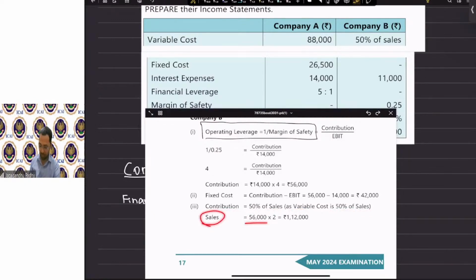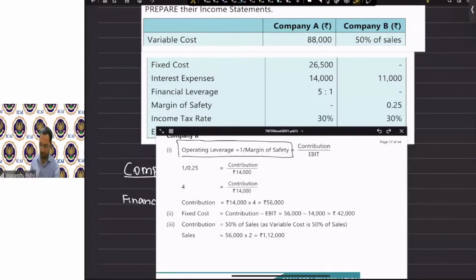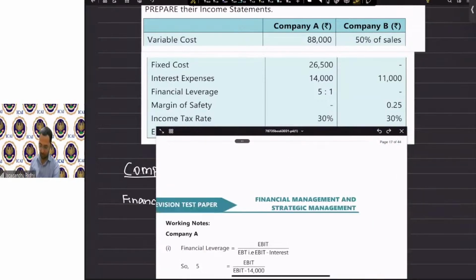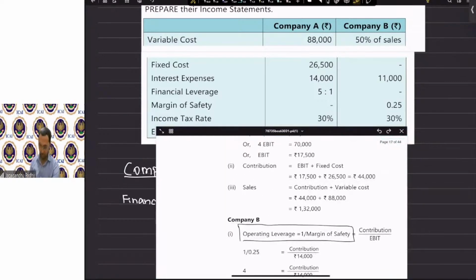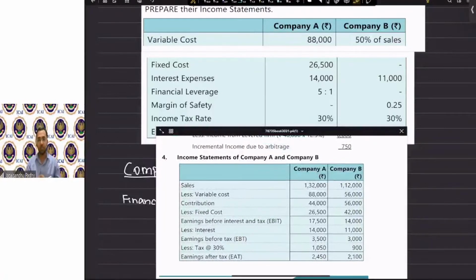Therefore, sales will be double the contribution figure, 56,000 into 2. And you can just look at the income statement also.